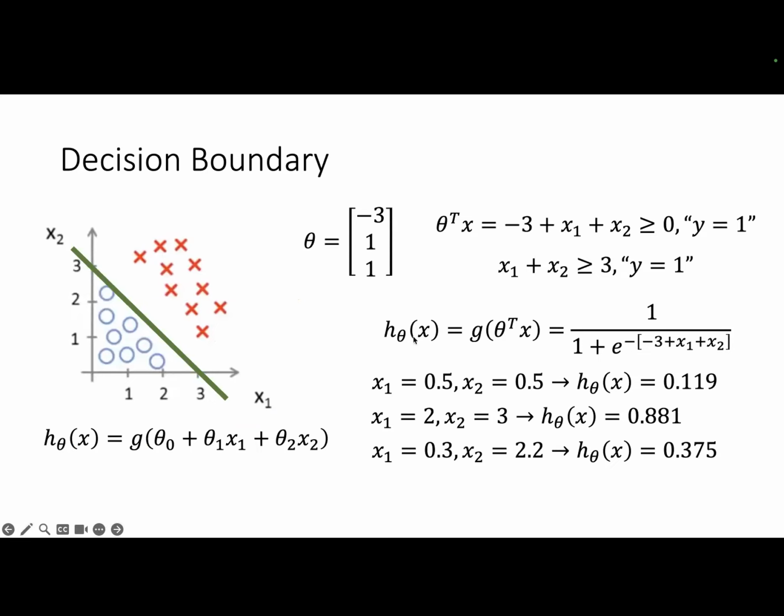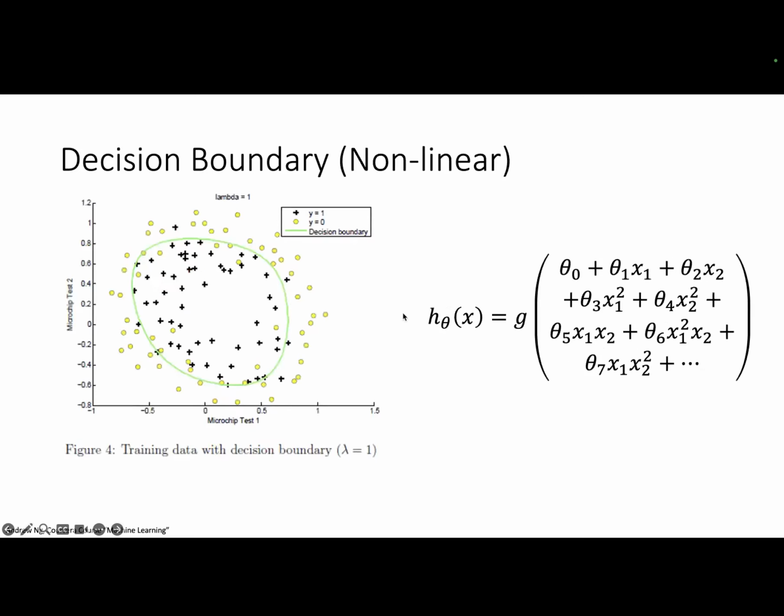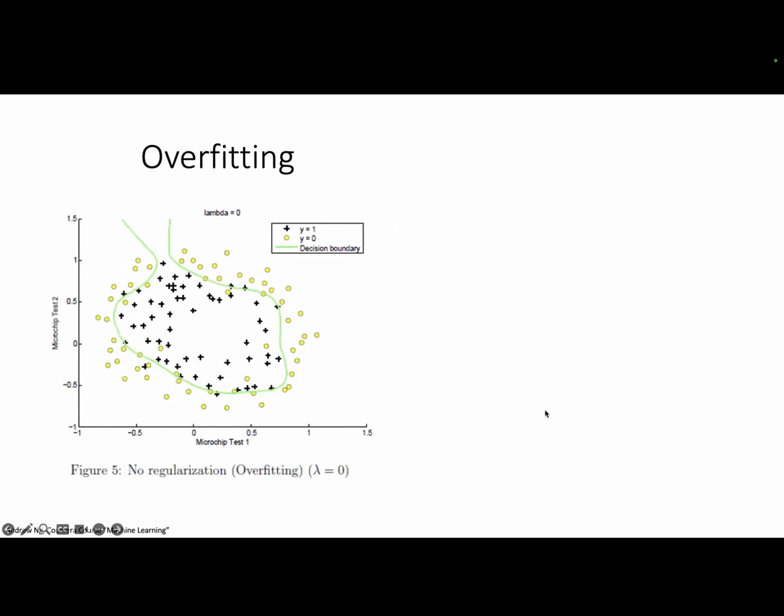We draw a straight line, but if you want to draw complicated decision boundaries like this, then you will need higher orders of x, and even their cross products.